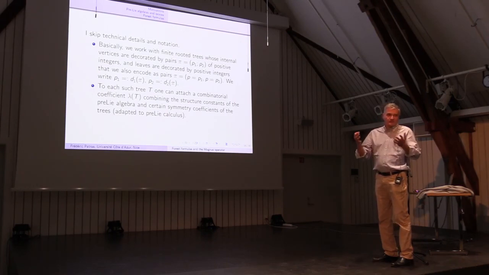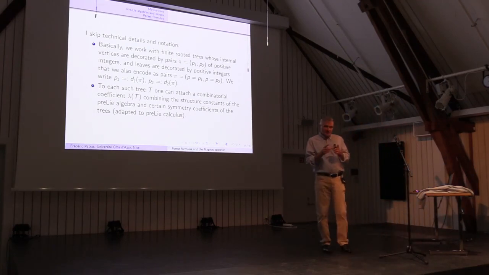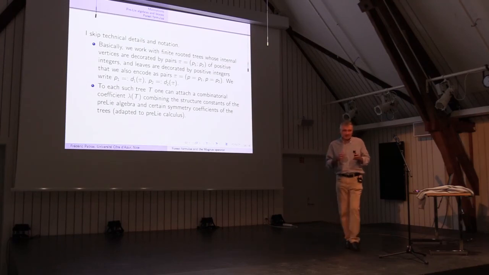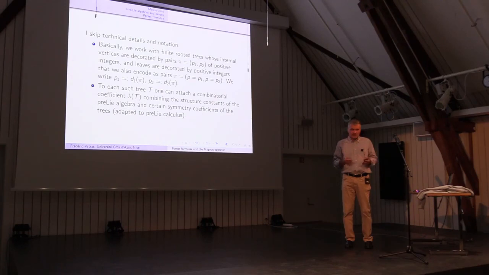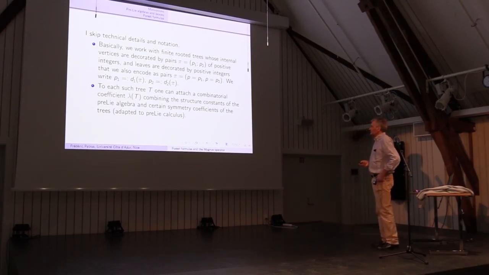So looking at the shape of the tree, what happens is that certain subtrees can be repeated, and you have to take into account carefully the way these multiplicities appear to define the coefficient lambda t. But they are purely combinatorial. They just follow from the shape of the tree. They don't involve anymore the structural coefficients of the pre-Lie algebra.